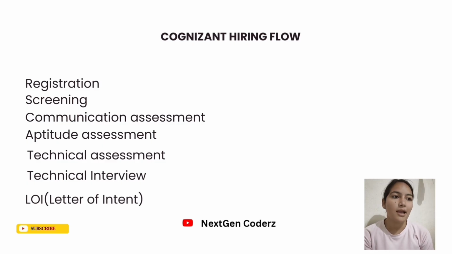I have already uploaded videos for communication assessment and its previous year questions. Then there is the aptitude assessment. In this video we will discuss everything about the aptitude assessment, exam pattern, and PYQs. Then there is the technical assessment, technical interview, and then the letter of intent.